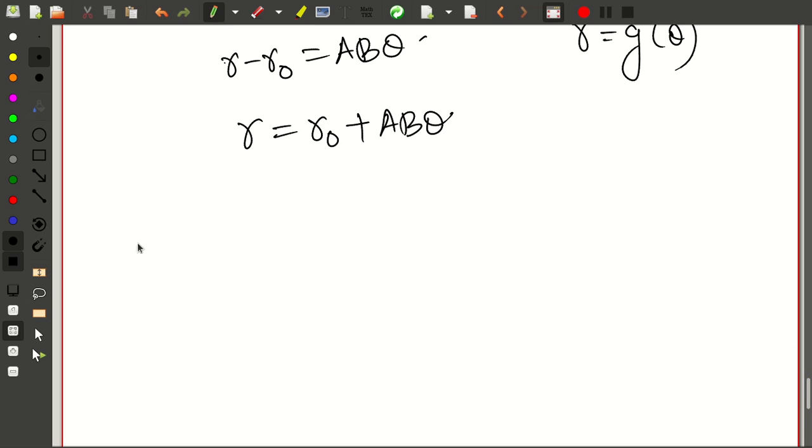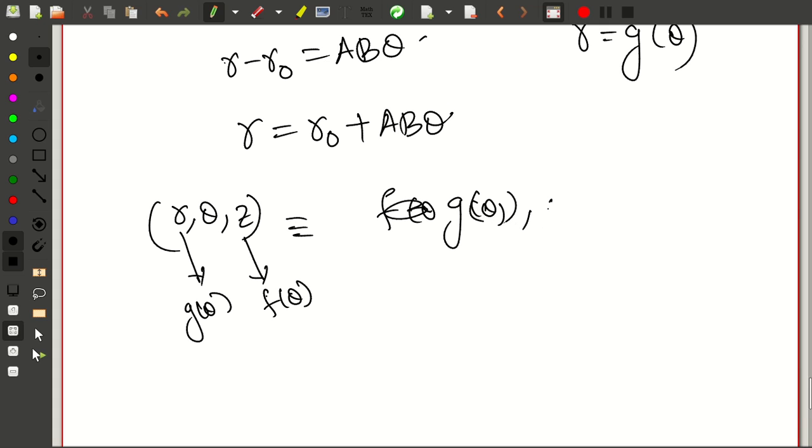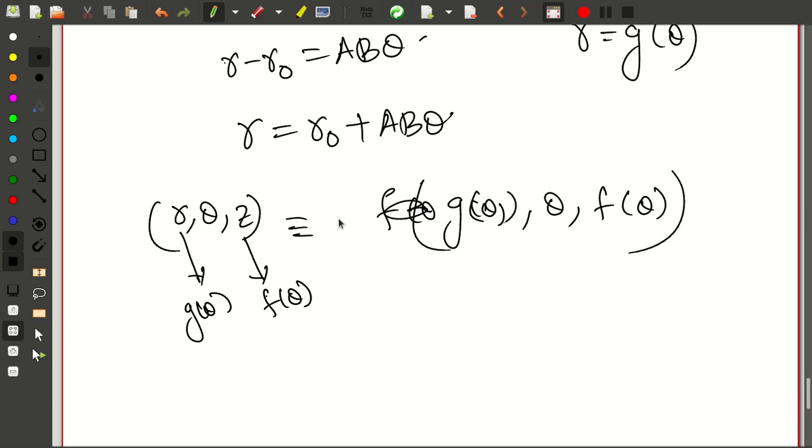When you look at the problem, even though it has r coordinate, theta coordinate and z coordinate, you basically see this r is some function of theta, and z is some function of theta. So if you write this coordinate system, you can simply write g of theta, then theta, then f of theta. So you see basically this problem is a one-dimensional problem. There's only one parameter required, that is theta. This curve is parameterized by the coordinate theta.